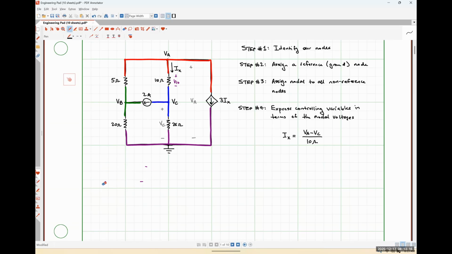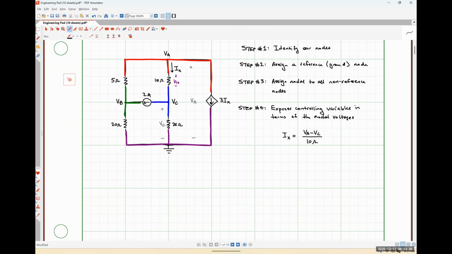So whenever we're writing these current expressions, we're always just applying Ohm's law. Okay. So how I like to think about it to do this faster is I typically say, well, what node is the current starting from? So it's starting from VA and it's flowing towards VC. So that means I'm going to have VA minus VC in my numerator.